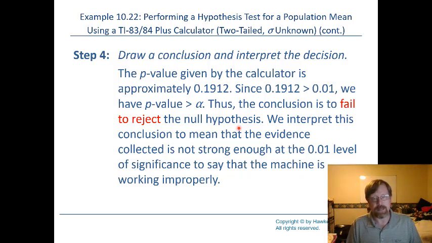It's not strong enough evidence at the 0.01 significance level to say that the machine isn't working. It's not to say that the machine is working just fine, it's to say that we don't have the right evidence to show that it isn't. It might be time to go back and do more sampling. All right.